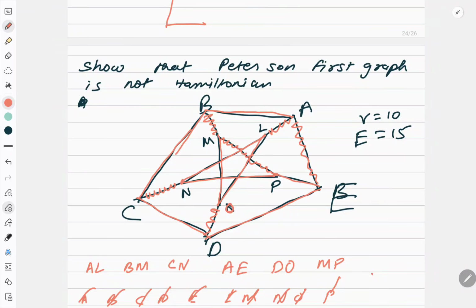After M, I don't have any place to go. I don't have a way. So the graph is incomplete. And how many edges did I remove? I removed 6 edges. The moment six edges are removed, I am left with only 9 edges, which fails the condition that in a Hamiltonian cycle, the number of edges and vertices are exactly the same. So again, the Petersen graph is not a Hamiltonian cycle.